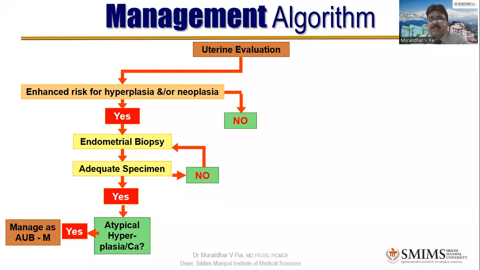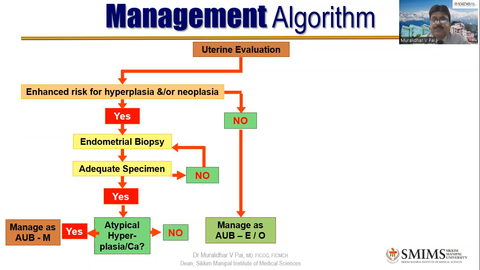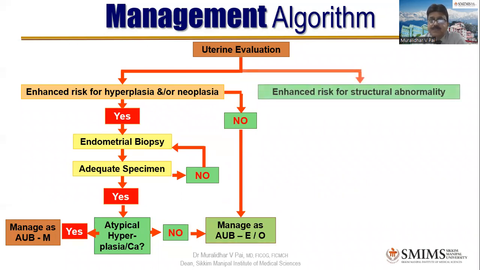Suppose the patient is not having enhanced risk for hyperplasia or neoplasia, you can straight away manage it as a case of AUB-E, that is endometrium, or AUB-O, that is ovulatory type of AUB rather. Suppose it is not atypical hyperplasia or cancer, that case also is managed like a case of AUB-E and AUB-O.